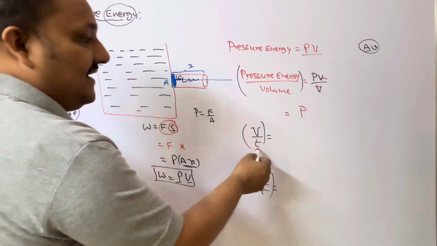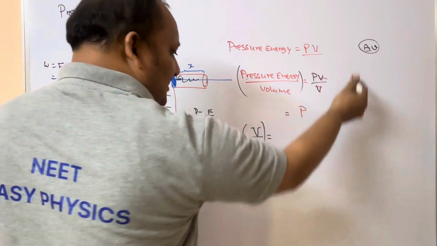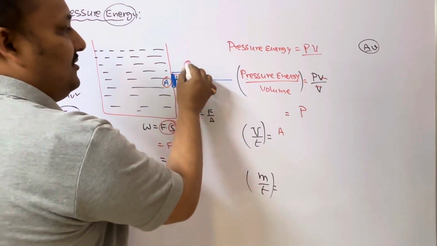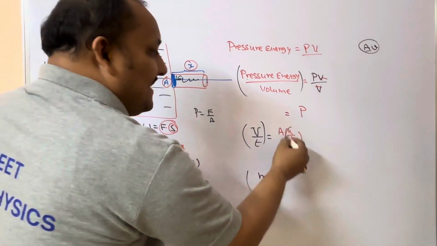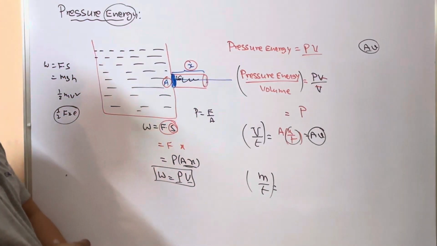How much volume of liquid is passing per unit time? Volume can be written as area into distance by time. What is distance by time? That is velocity, so it is AV, which is why we call it the equation of continuity.